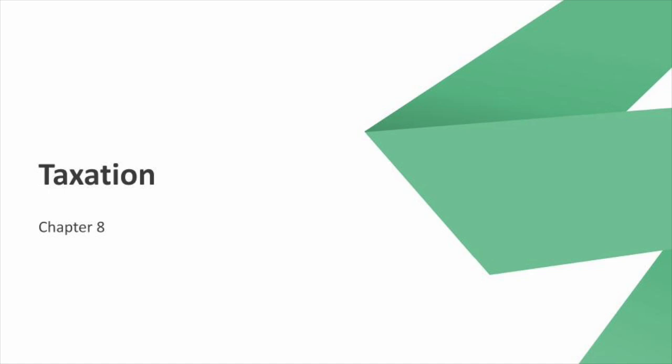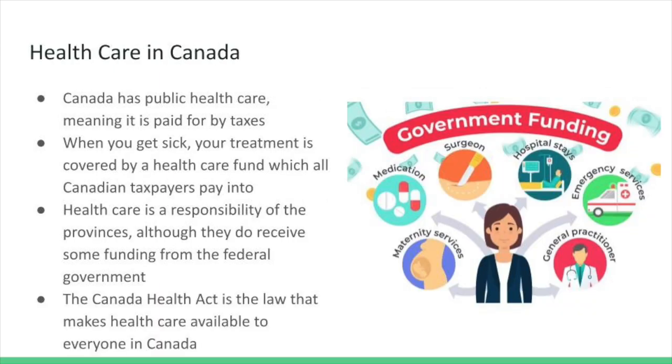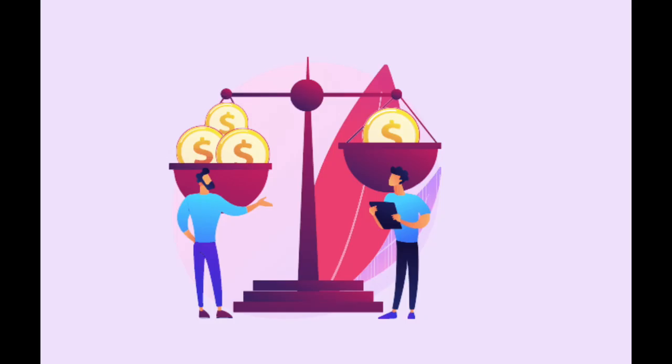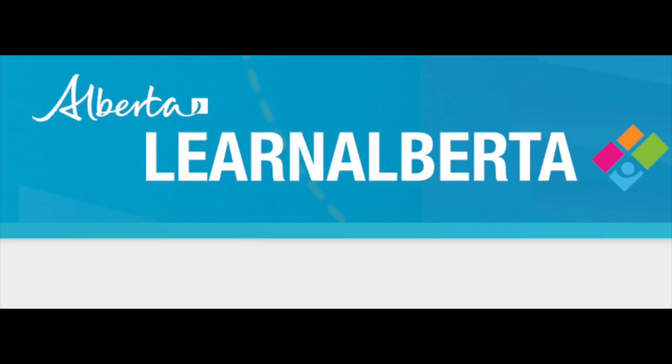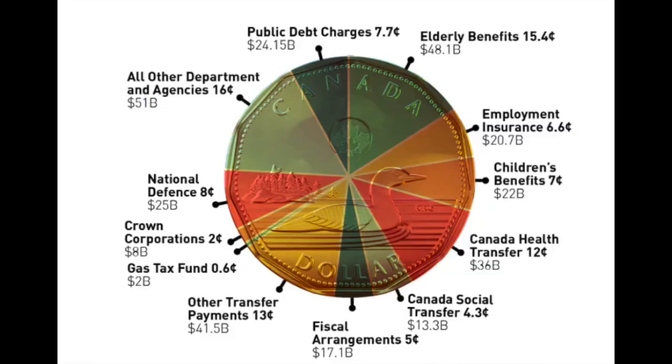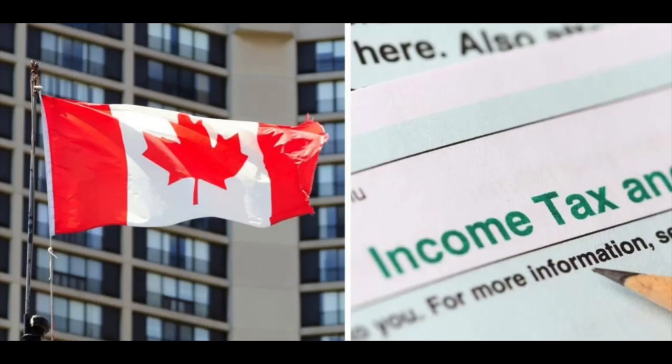Social programs and taxation is next up. Social programs are services the government provides to promote well-being. This includes universal healthcare, old age pensions, income assistance, employment insurance, public education. All of this is funded through taxes, mostly progressive taxes, meaning people with higher incomes pay a larger share. The tax base is the total group of people and businesses who pay taxes.